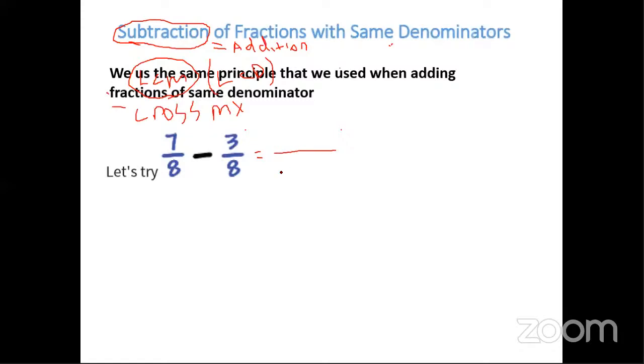You find the lowest common factor, but since the denominators are the same, you just get 7 minus 3, then out of 8. You get 7 minus 3, then you divide by 8.